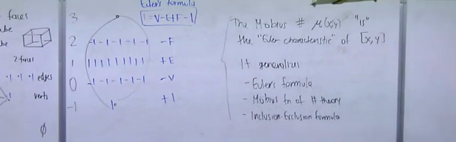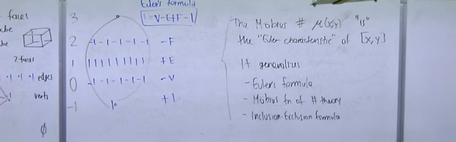The next thing that I would like to claim is that what I did there is not an accident, and that just as face posets of polytopes have a very nice Mobius function, so do Coxeter groups.